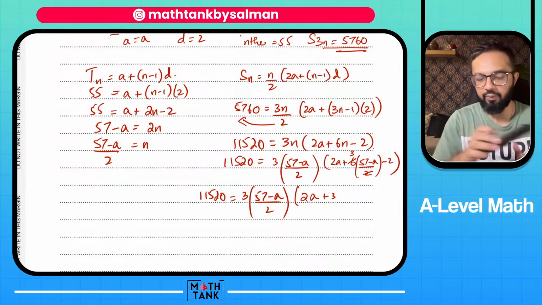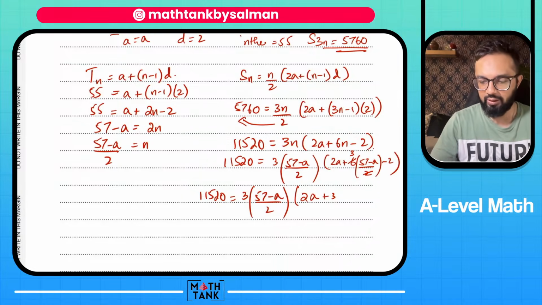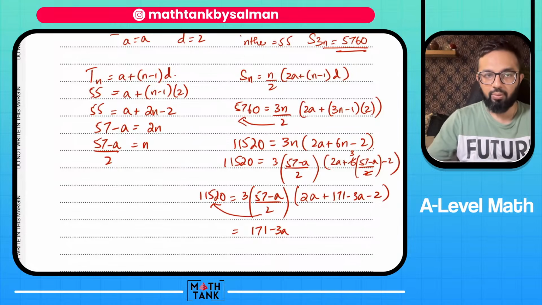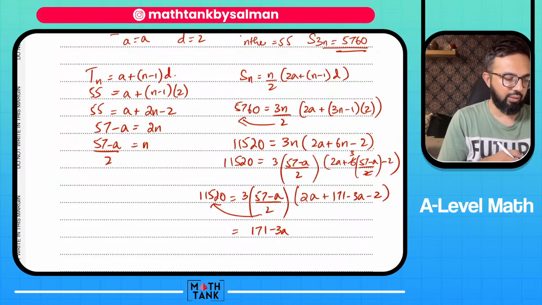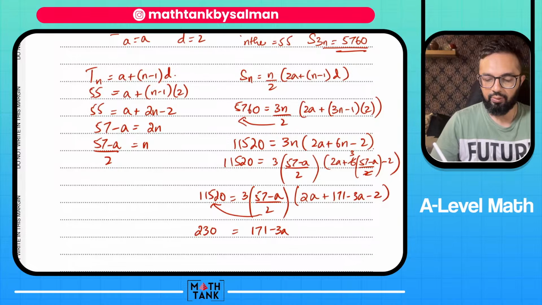Now it's 3 times 57, I didn't do that earlier, 171. 171 minus 3a minus 2, 171 minus 3a. Can I cross multiply this 2 again? That's 11,520 into 2, 23040. 169 minus a.